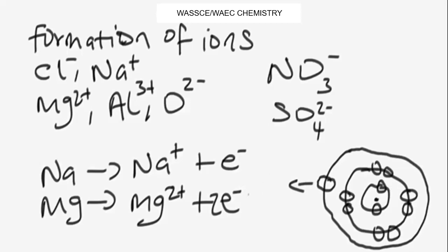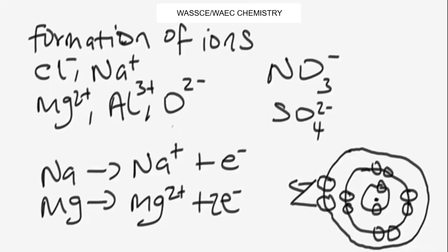Alright, just like in the atomic structure of sodium, that of magnesium has atomic number 12. So in the third shell, we will add 1 more electron here. So in the case of magnesium, it will lose these 2 electrons to form a magnesium ion, the same electronic structure as neon.